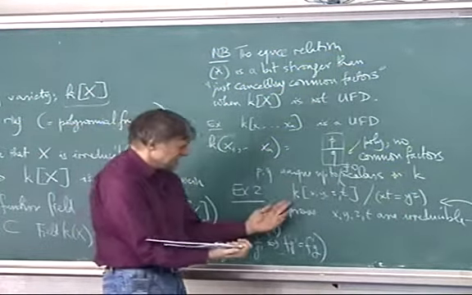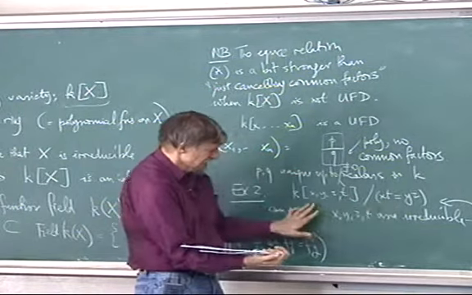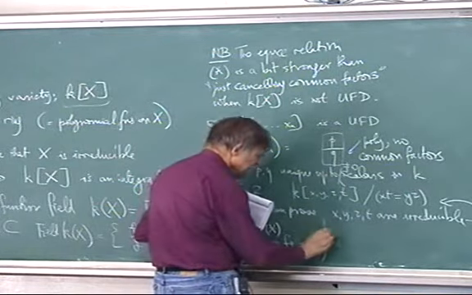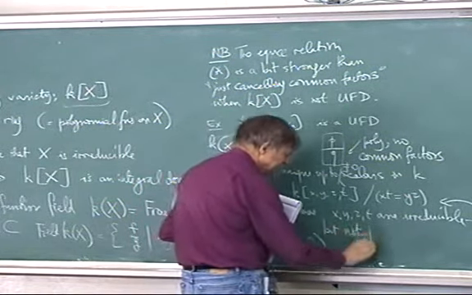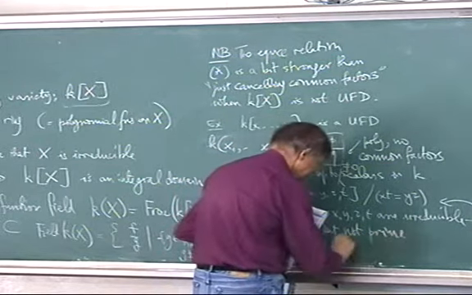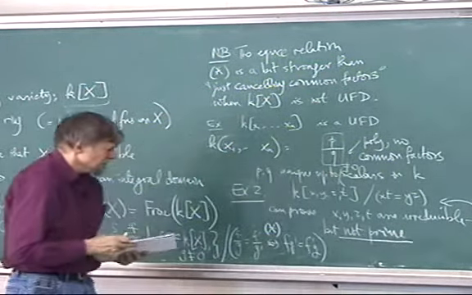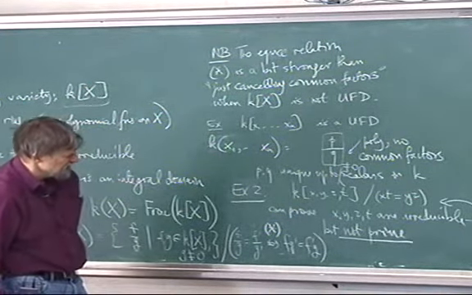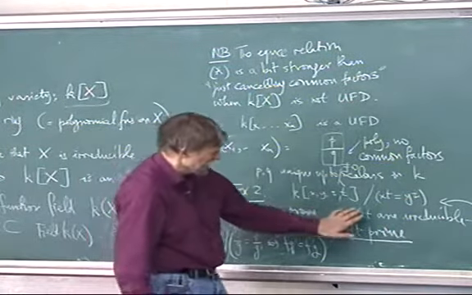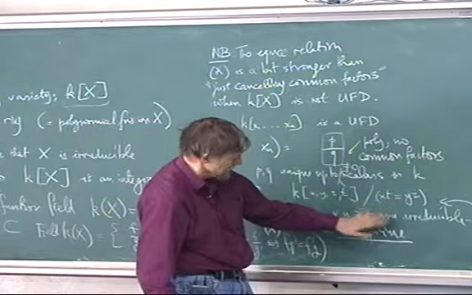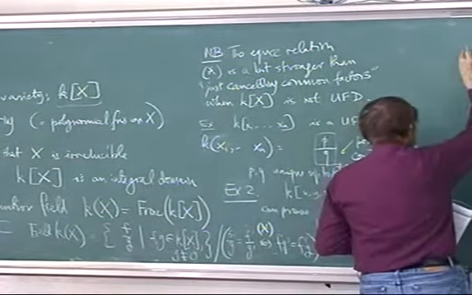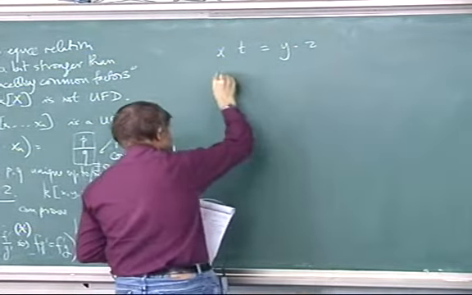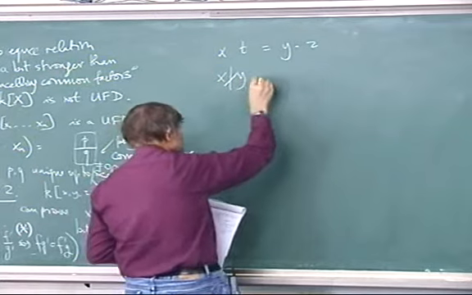So I've got a certain ring here, and the guys x, y, z, and t are irreducible but not prime. So this is, in a certain sense, the most obvious, the most basic ring which is not a unique factorization domain. I have x times t equals y times z, but x does not divide y or z.